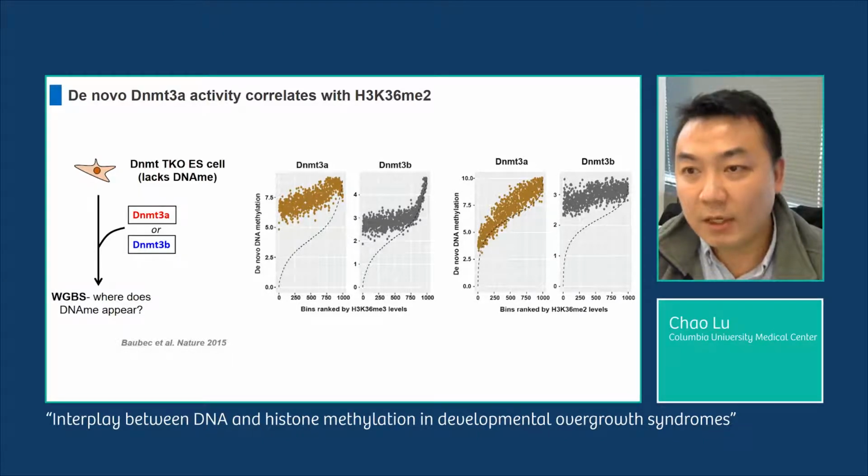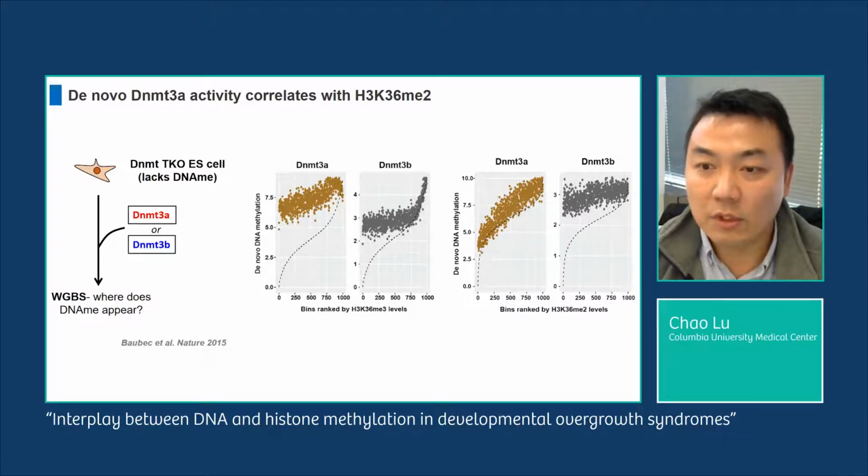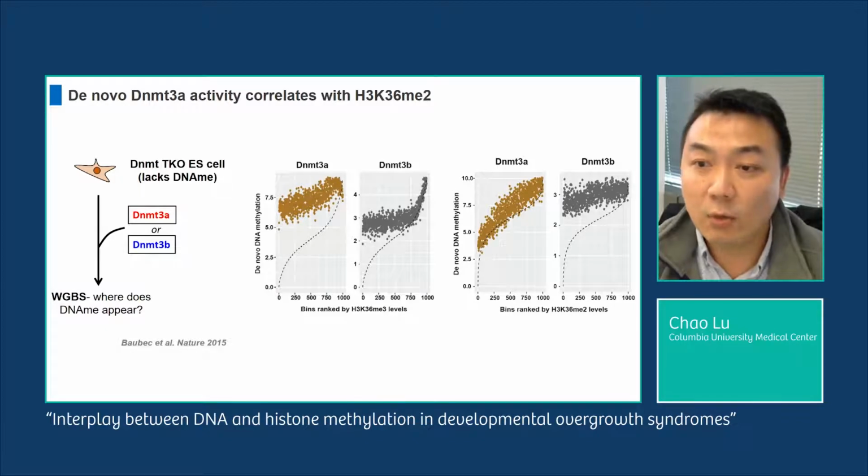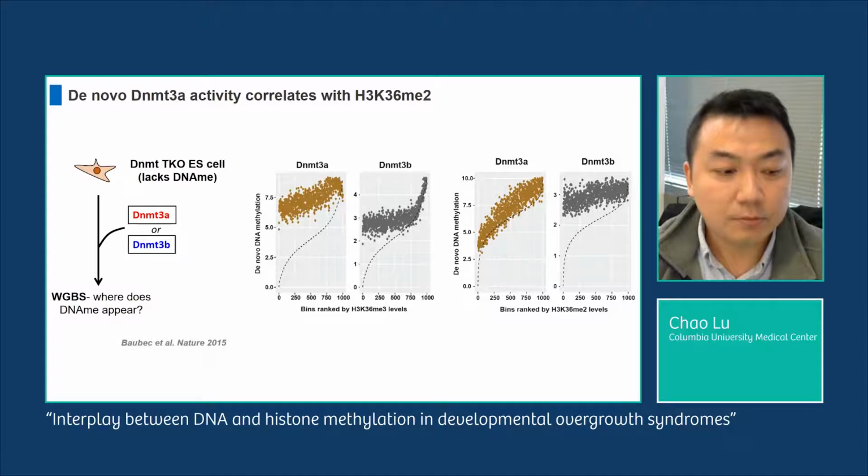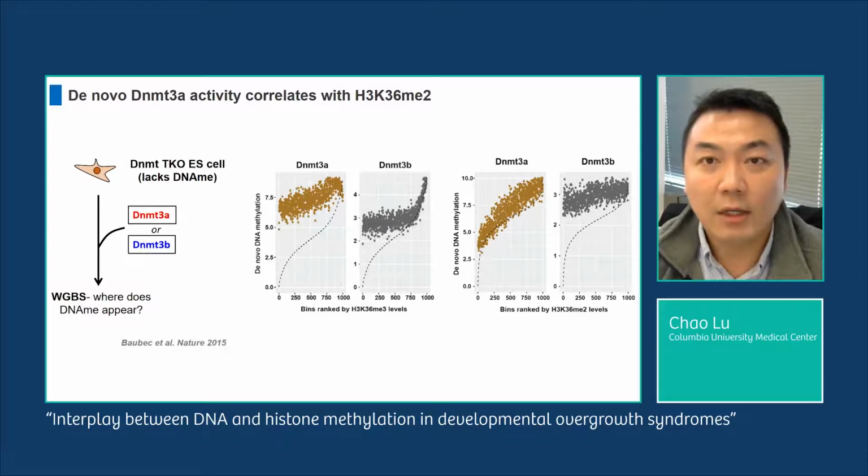However, if we repeat the analysis, but this time rank the genomic regions based on the levels of H3K36 dimethylation, we observe the opposite pattern, where the Dnmt3a binding, actually this is activity, correlates well with H3K36 dimethylation, and Dnmt3b activity does not. So this is another piece of evidence suggesting a co-localization of not only Dnmt3a binding, but also its de novo DNA methyltransferase activity with this particular histone methylation mark, H3K36 dimethylation, that's catalyzed by NSD1.